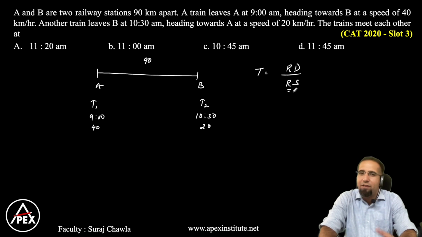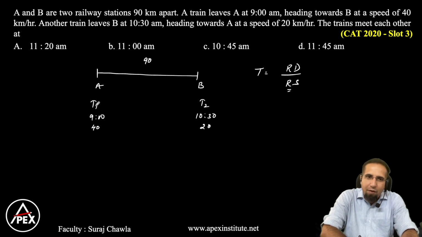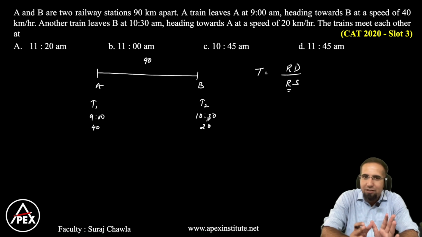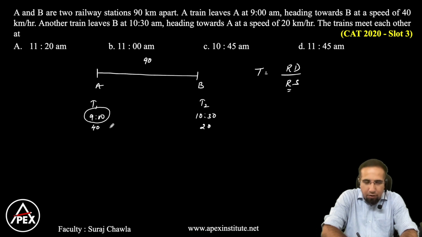Now, this is where the relative distance comes very handy. I have train 1 starting at 9 o'clock, I have train 2 starting at 10:30. So, we will consider 10:30 as our reference point. Remember, we had seen the body starting late is to be referred. So, at 10:30, that means in 1.5 hours, this train would have covered 1.5 into 40.